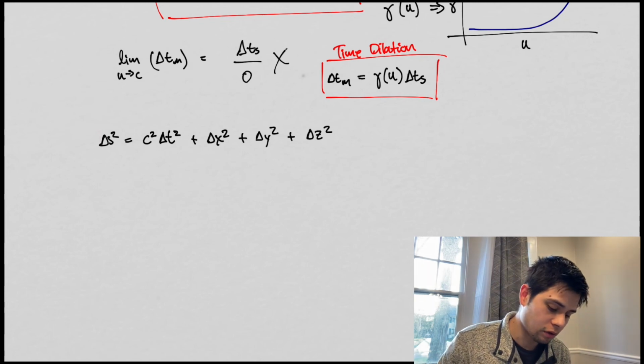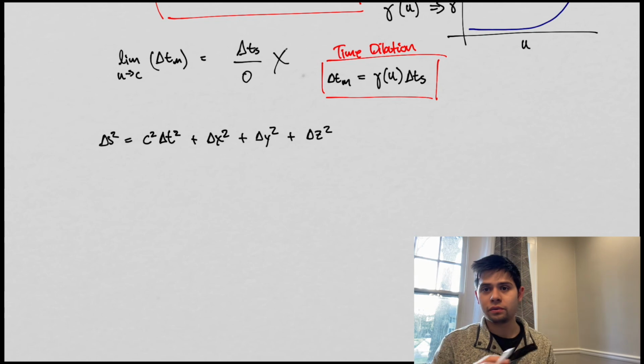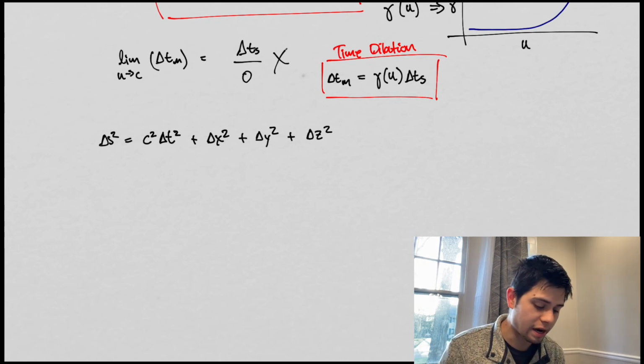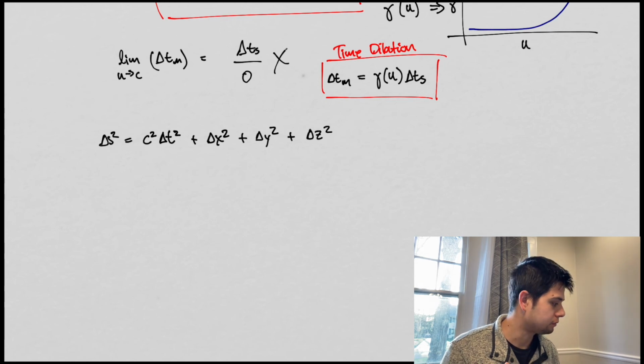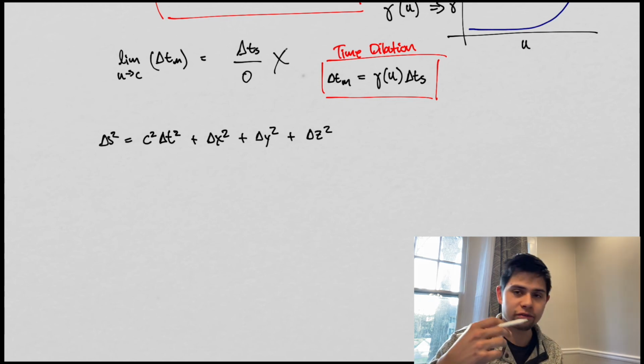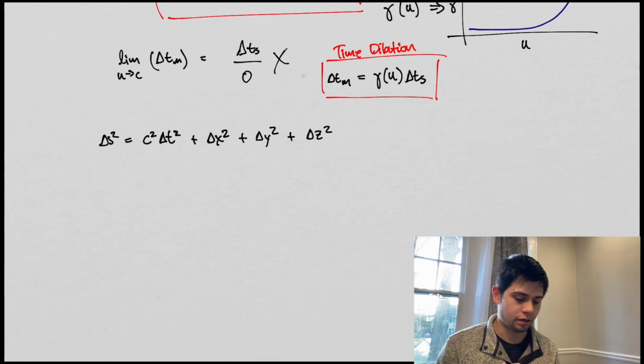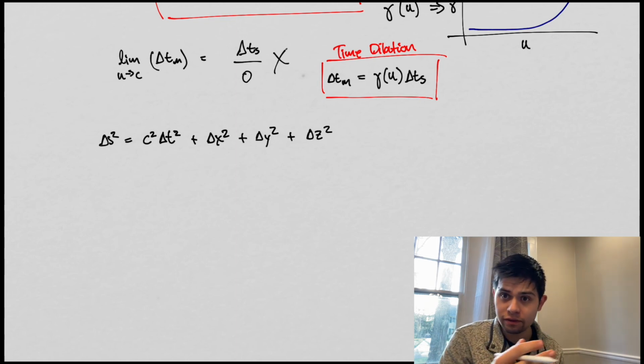What I want to do now is dive into this idea of proper time. We want to try to find a time frame by which the moving frame will give us the same duration of time as the stationary frame, or the still frame.